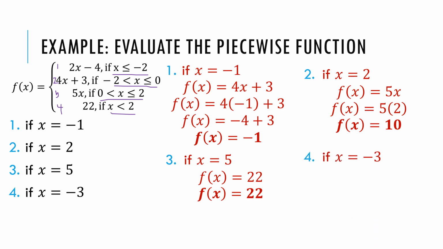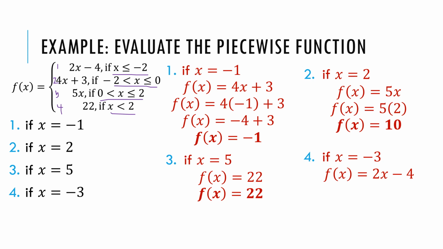Number 4. If x is equal to negative 3, which subfunction siya pasok? So, negative 3. So, we have x is less than or equal to negative 2. Since less than siya sa negative 2, tignan natin ang first na subfunction. Yan lang yung titignan natin.